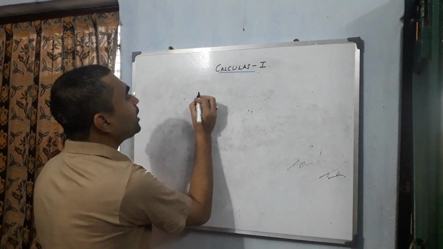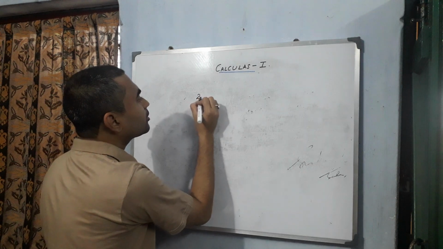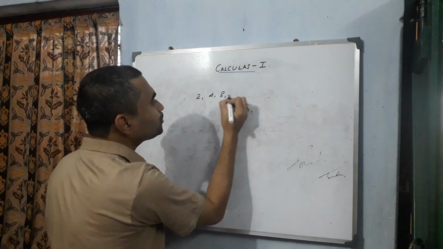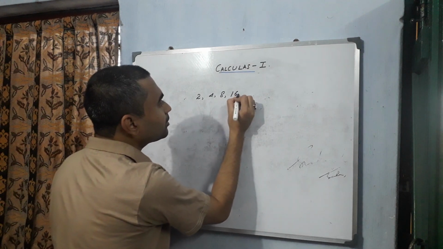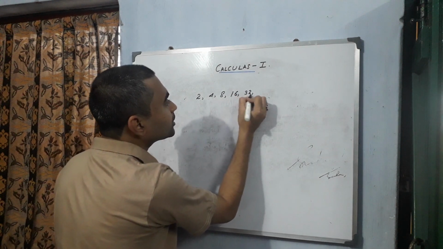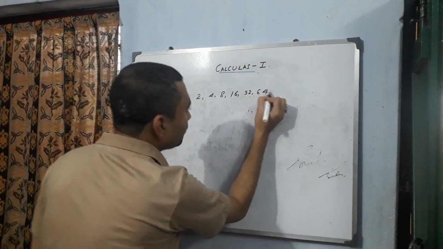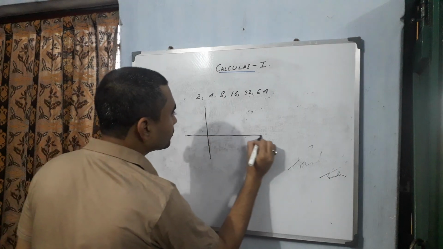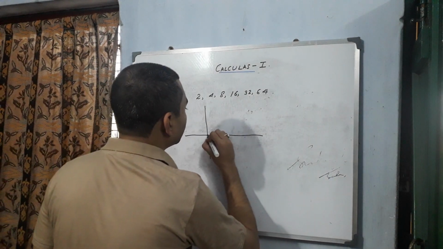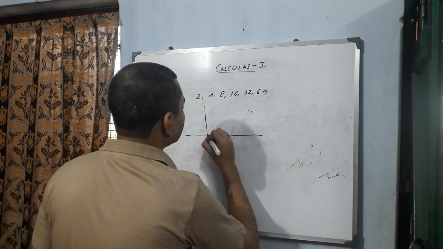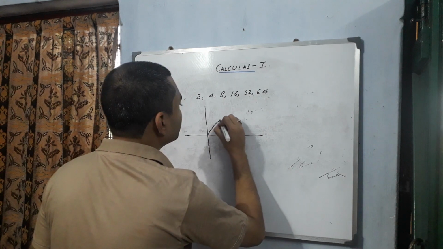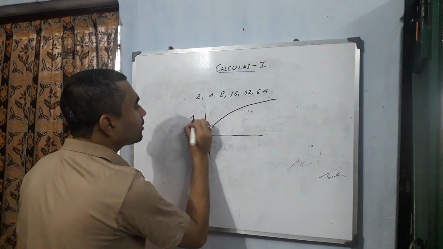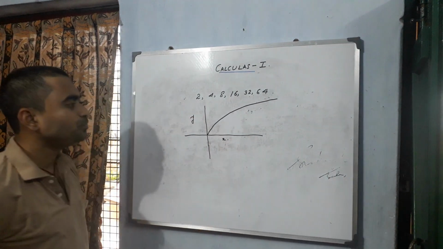Now, where do we actually see this being done? Like if we have a GP series starting from 2, 4, 8, 16, 32, 64, if we plot it on a curve, we see that it varies like this.